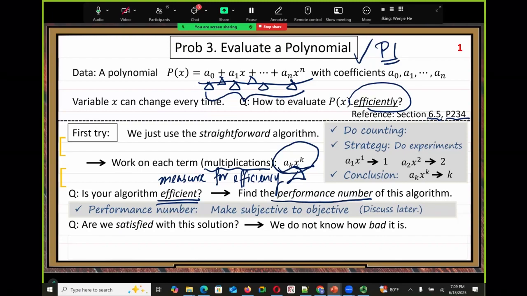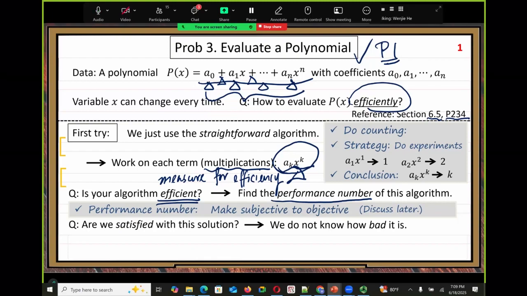But if you only know one way, how do you know this way is good or bad? Because we do not have a reference or comparison, we do not know if it's a good way or bad way.